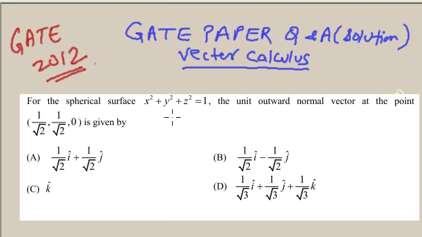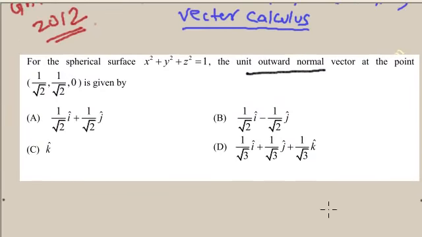This is another question. For this surface, find the unit normal vector, which I have explained how to calculate. What you are required to do is find the del f.